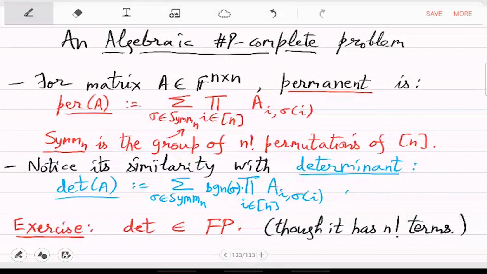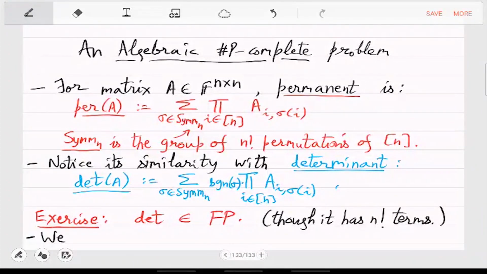So though it has n factorial terms with plus minus signs, still you will be able to give an algorithm, okay, using the symmetry of the group. And this is used everywhere, of course, in linear algebra and engineering. But what about permanent now? So coming back to permanent, nothing like this is known. Okay, the only algorithm known is essentially this definition. So that's exponential time.